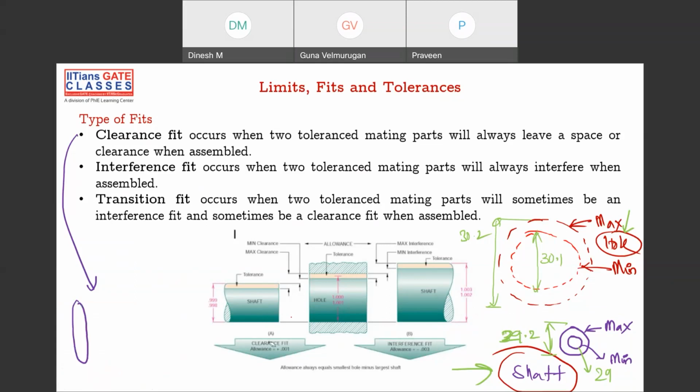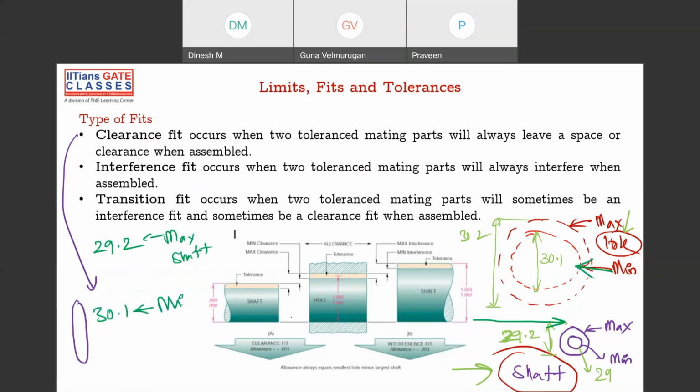Now take the maximum shaft size and the minimum hole size. Maximum shaft size is 29.2. Minimum hole size is 30.1.